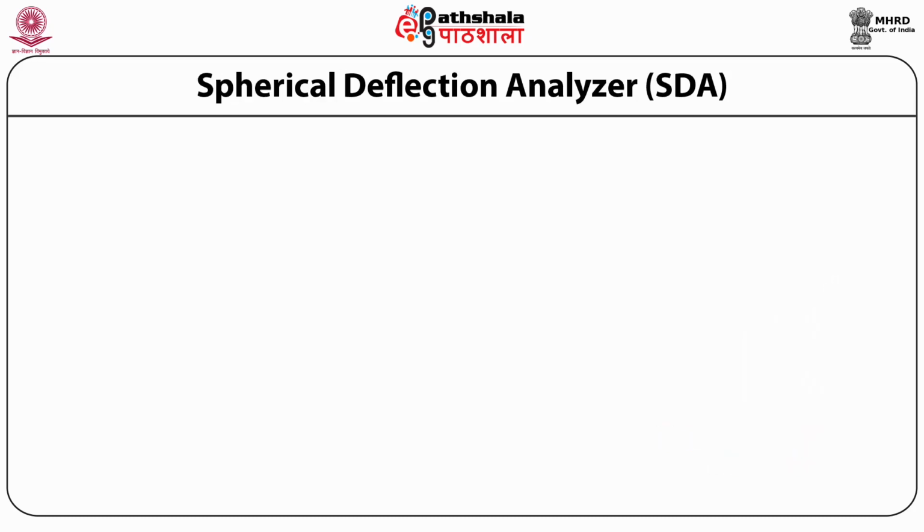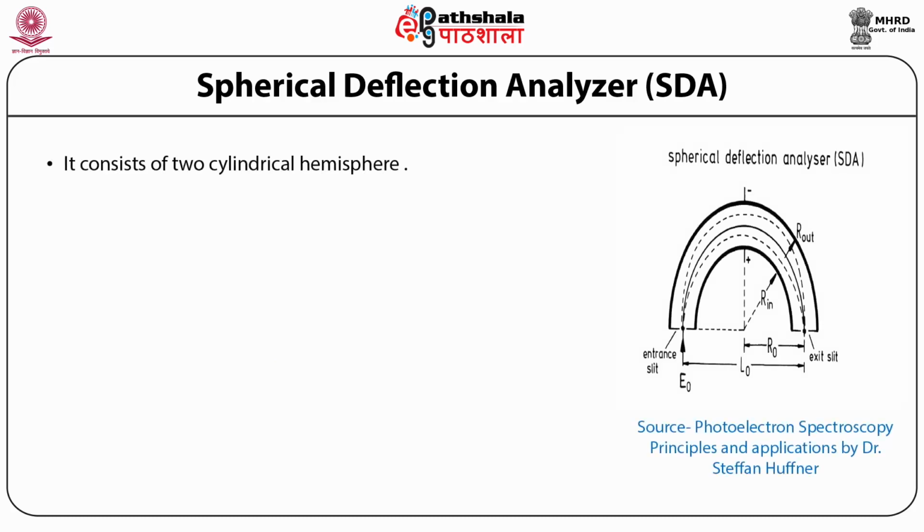Last one is the spherical deflection analyzer, that is SDA. SDAs are similar to CDAs, but they consist of 2 concentric hemispheres instead. In an SDA, the transmission of photoelectrons with initial energy E naught occurs along with a path where R naught is equal to R in upon R out divided by 2.